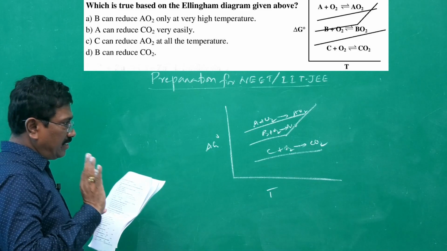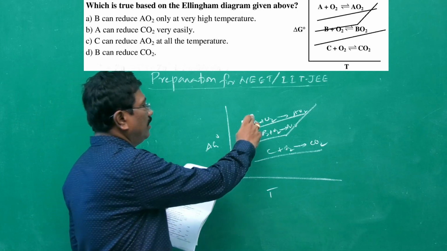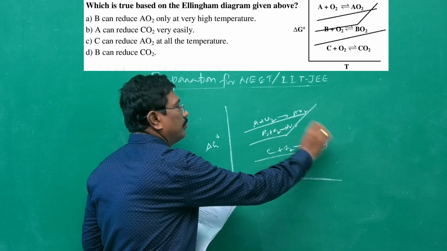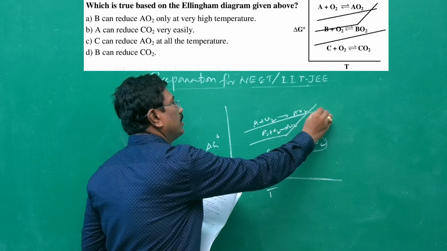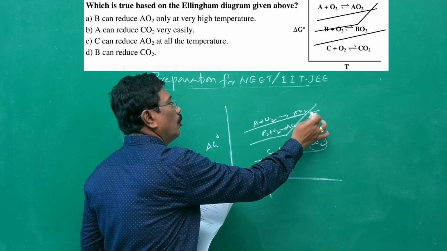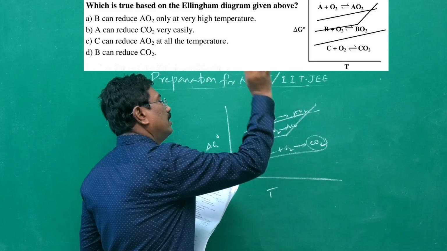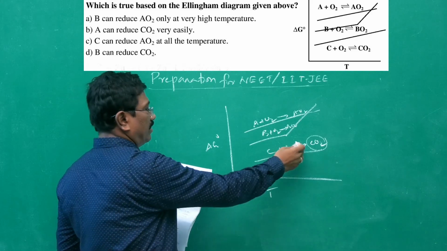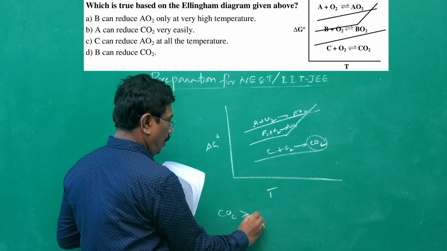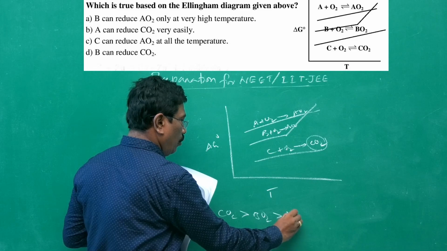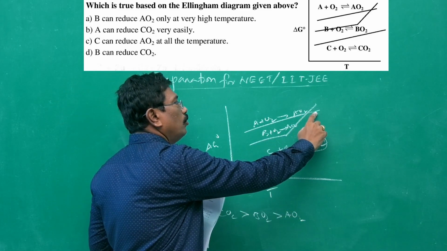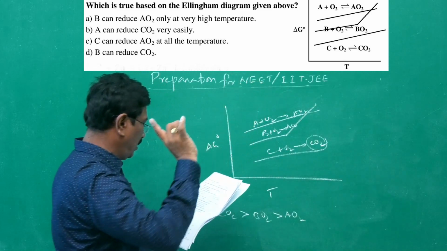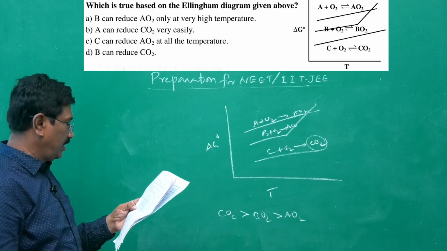The full understanding is that among the three, CO2 is most stable. Next to that BO2, but at very high temperature, AO2 seems to be lower and therefore it is stable. The stability order is CO2 more stable, then BO2 and AO2. AO2 is least stable, but at very high temperature, AO2 seems to be more stable than BO2.